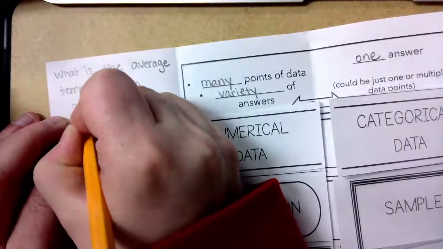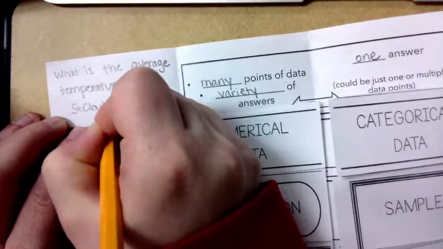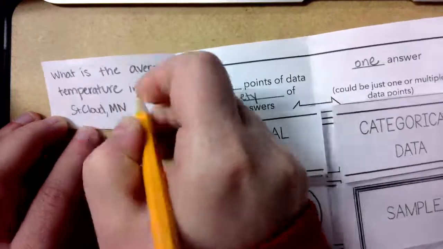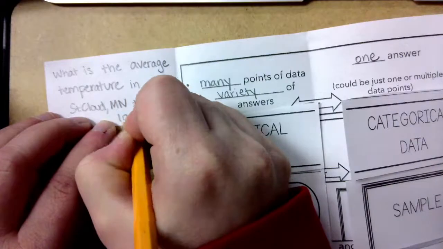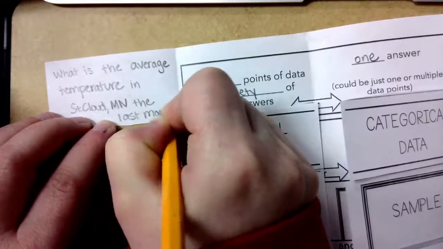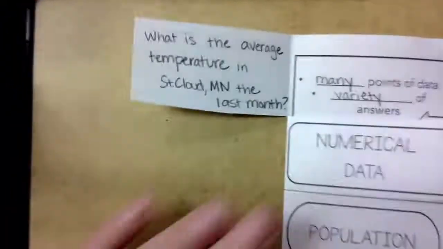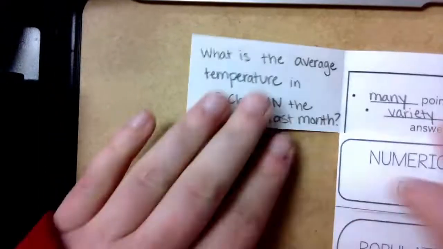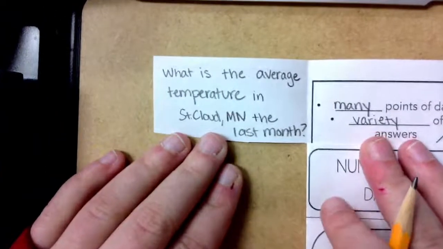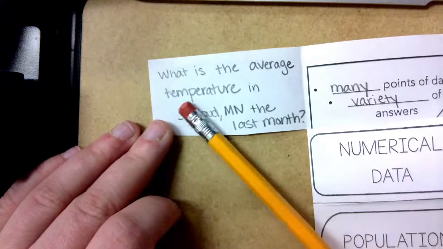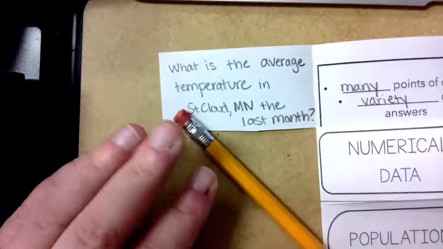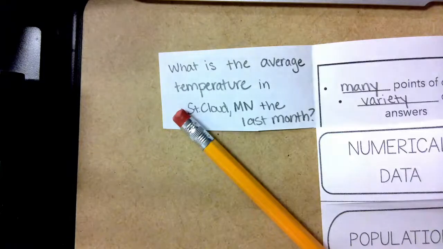What is the average temperature in St. Cloud, Minnesota in the last month? Is there going to be a variety of answers in the last month based on the days, day to day? Has the average temperature changed? Yeah, some days it's like snowing, some days it's like 70. Okay? Is there a lot of data points in a month? Yeah, how many are usually in about a month? 30, 31. So we have about 30 data points, and there's that variety. So that is statistical.